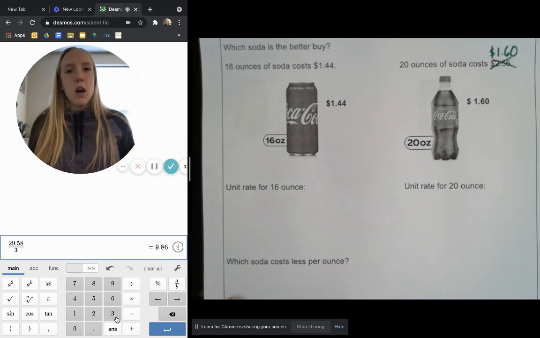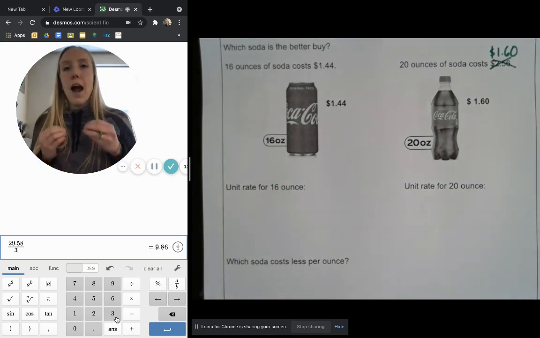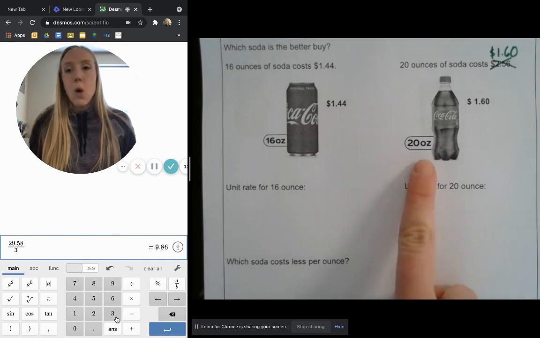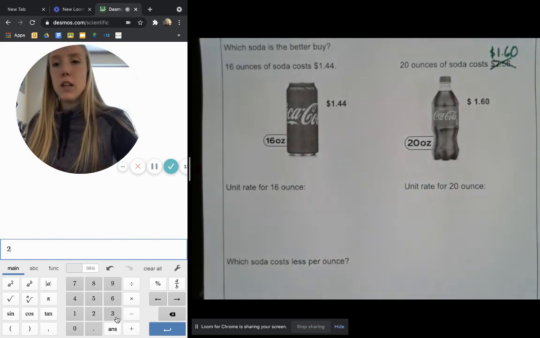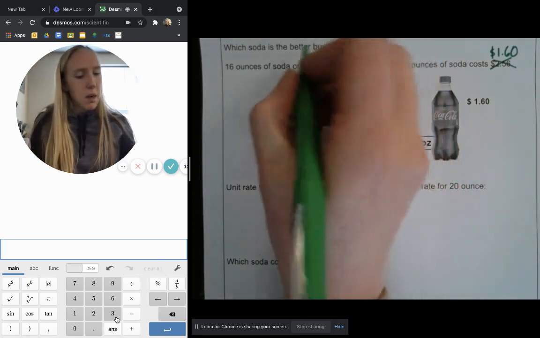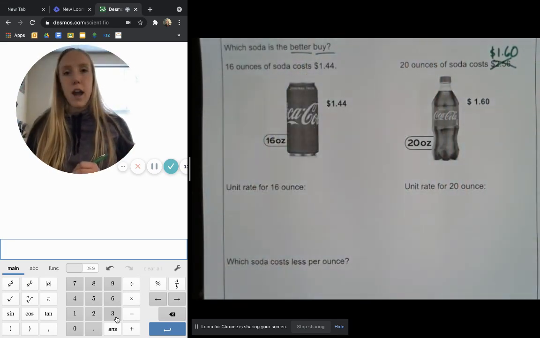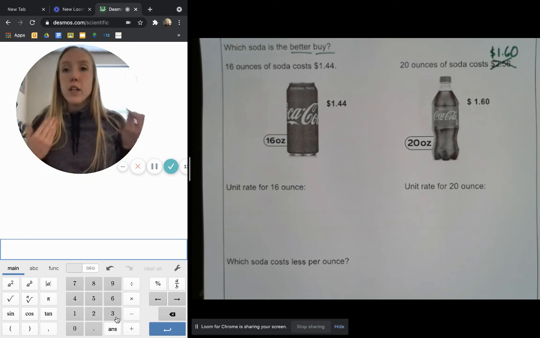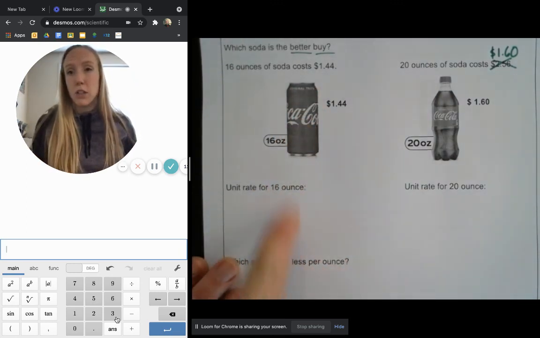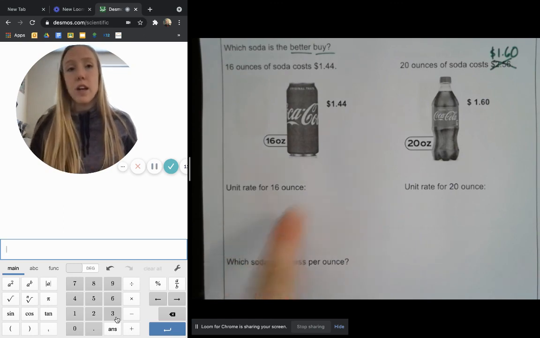So what we want to know is the cost per ounce, because this is 16 ounces and this is 20 ounces. We want to know per ounce which one is cheaper, which one is the better buy. So what we're going to do is find the unit rate for this soda, the cost per ounce on this soda, and the cost per ounce on this soda.